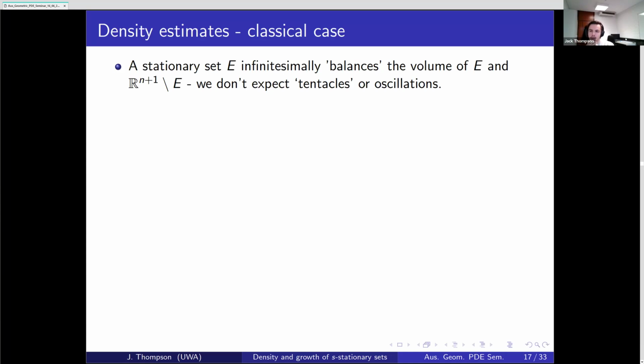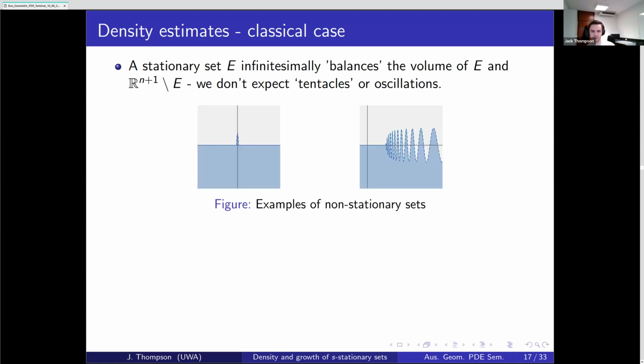Qualitatively, this means we don't expect minimal surfaces, like 0 mean curvature surfaces, to have tentacles or to oscillate really hard. Some pictures like this are examples of things that we don't expect to have 0 mean curvature.